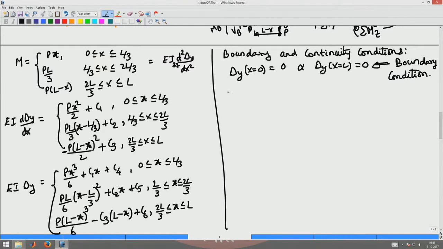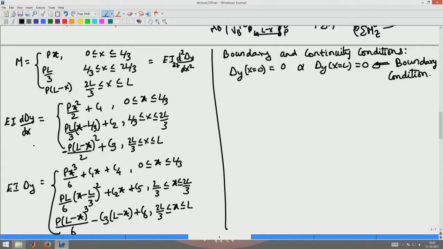Now, coming to continuity conditions, I need a second derivative to exist, which means up to the first derivative there should be a continuous function at least. Since the second derivative exists, the first derivative also has to be continuous, which means d delta y by dx at x equal to L by 3 minus, that is to the left of L by 3, must be equal to d delta y by dx at x equal to L by 3 plus, that is to the right of L by 3.